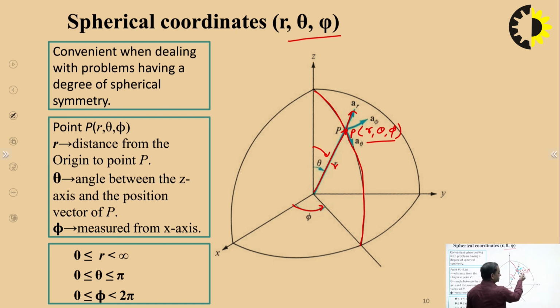Theta, because this is a vertical angle, that is why for this one this will be a theta. Phi is a horizontal angle, so that is why this is represented like this one. Okay. R is in this direction, theta is in this direction, vertical downward, and phi is the horizontal angle.